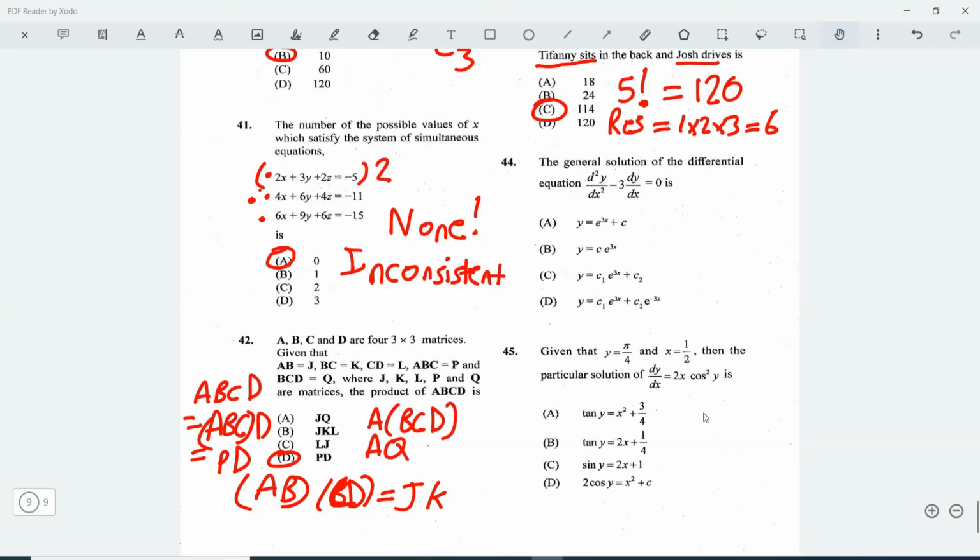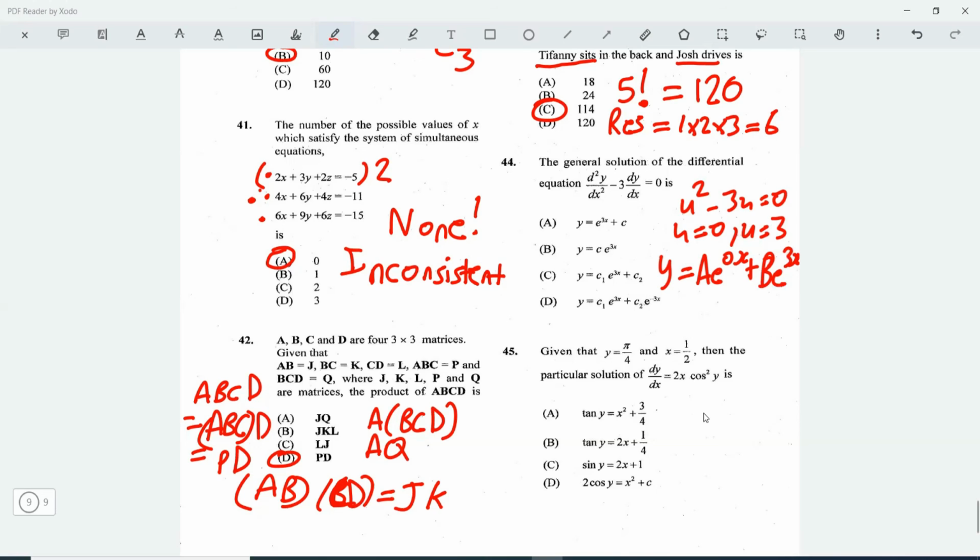Question 44, find the general solution of this differential equation. First thing we need to do is solve the characteristic equation u squared minus 3u equals 0. We get u equals 0 and u equals 3. And so y is equal to a times e to the 0x plus b times e to the 3x.